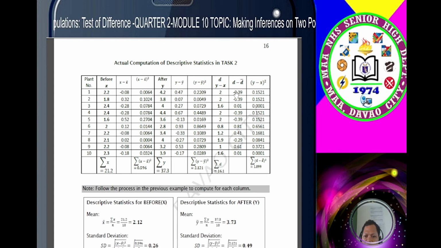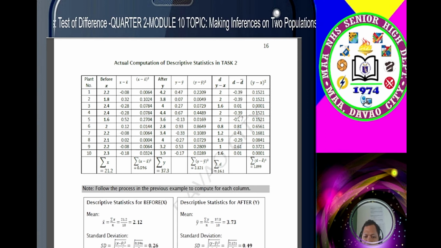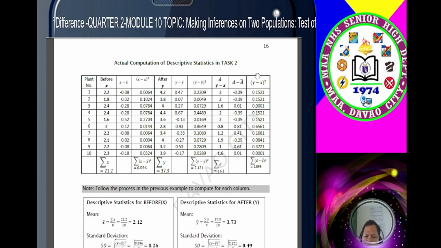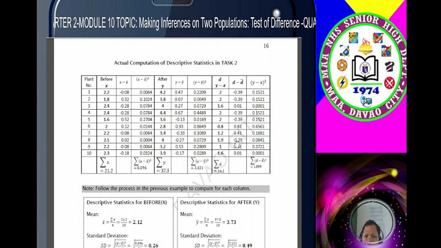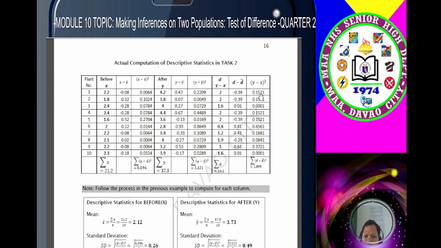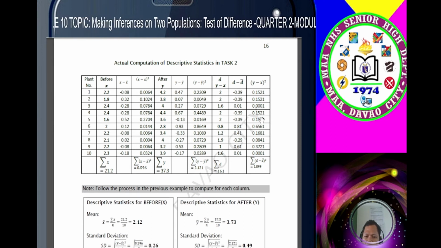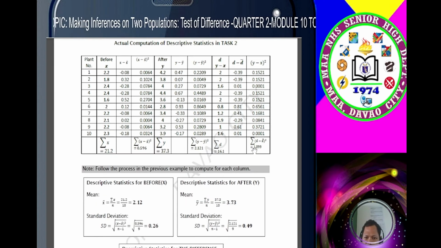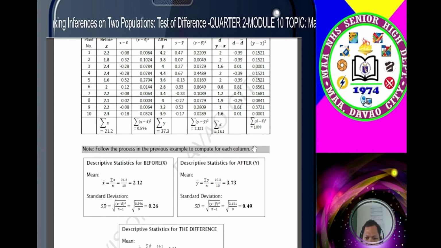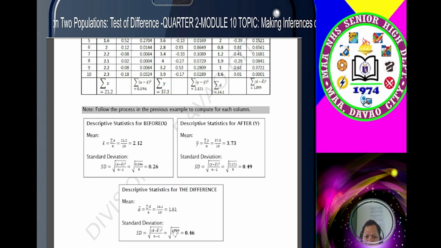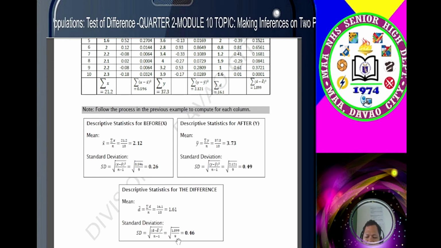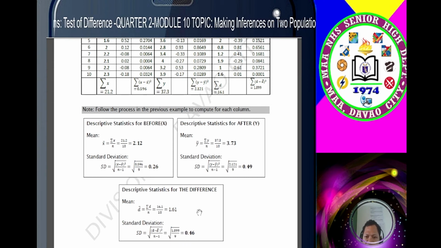So 2 minus 1.61, the answer is here. Then again get the square of this part, which is 0.1521. The sum would be 1.89. And after that, you can now get the SD, so our SD is 0.46.